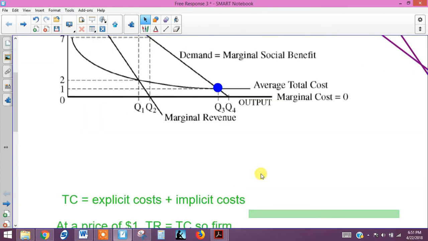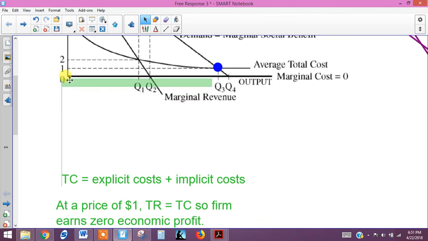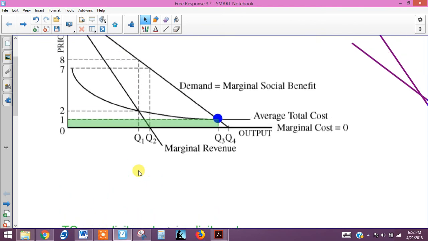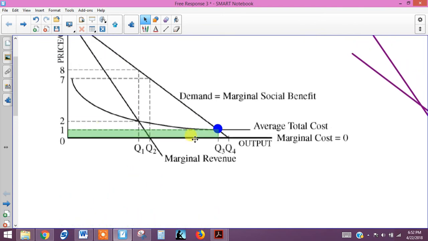So our total revenue would be right here, but total revenue would also be total cost. So total revenue would equal total cost, so you would have 0 economic profit.